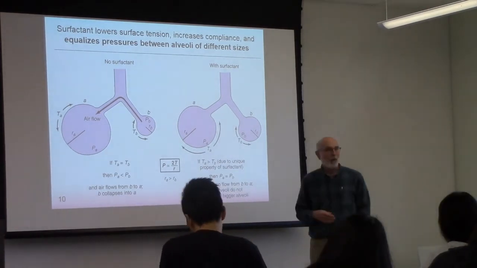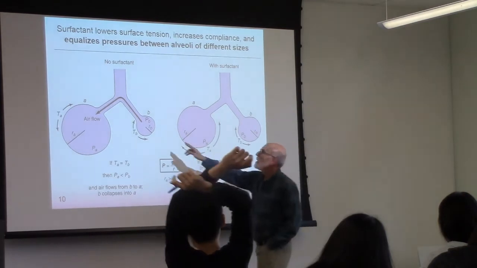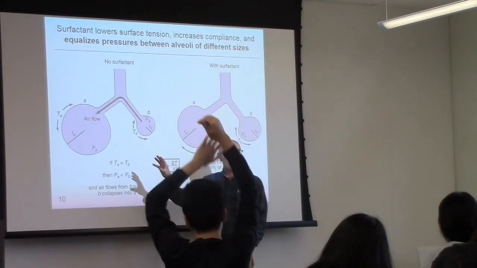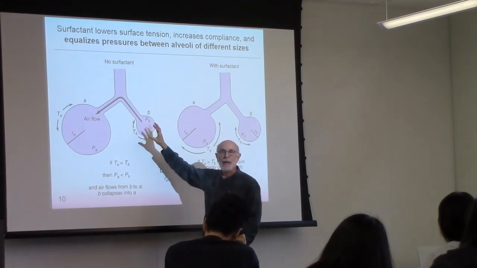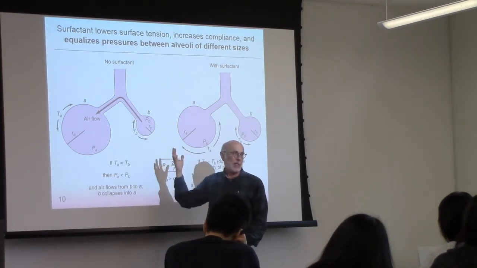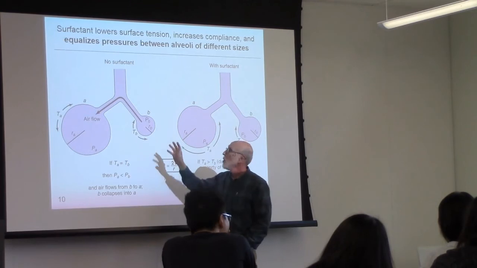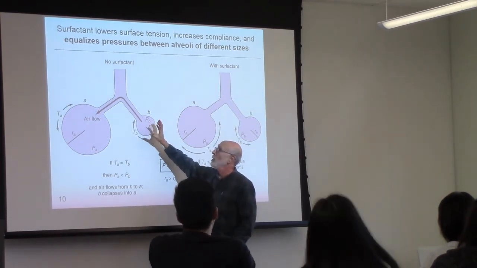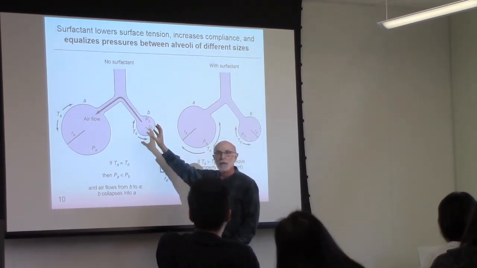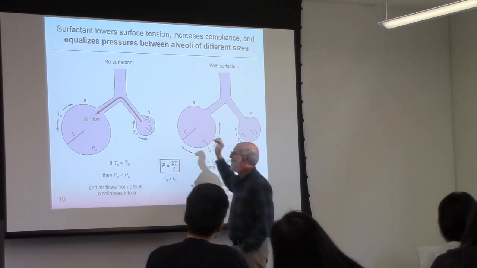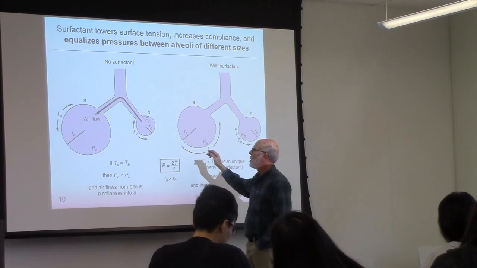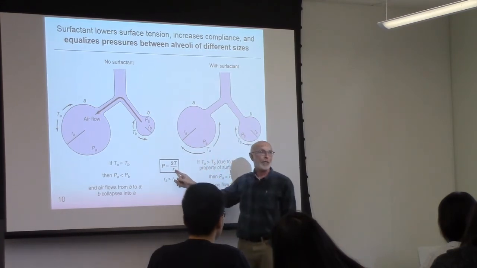I don't have my demo thing, and it wasn't working very well anyway, but it is physically true that when you have a bubble, which is kind of what alveoli are, the pressure inside that bubble is inversely proportional to the radius of the bubble.